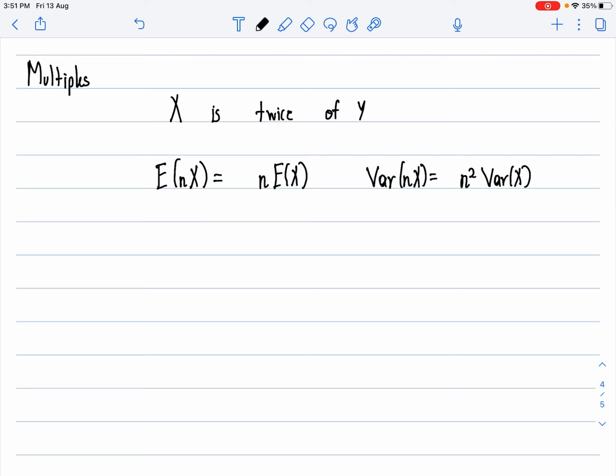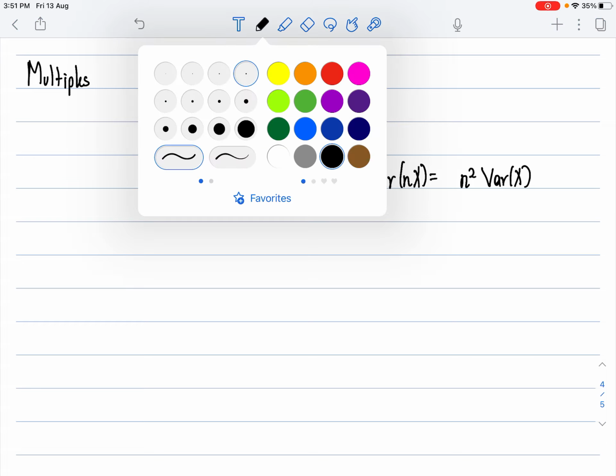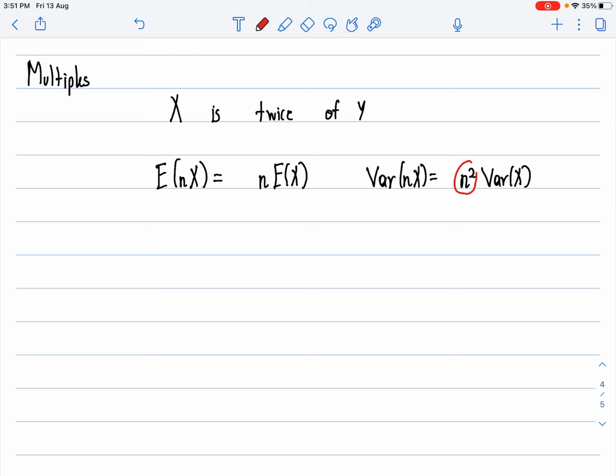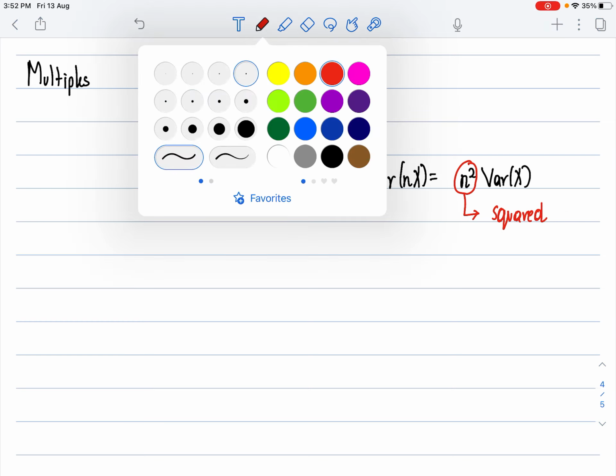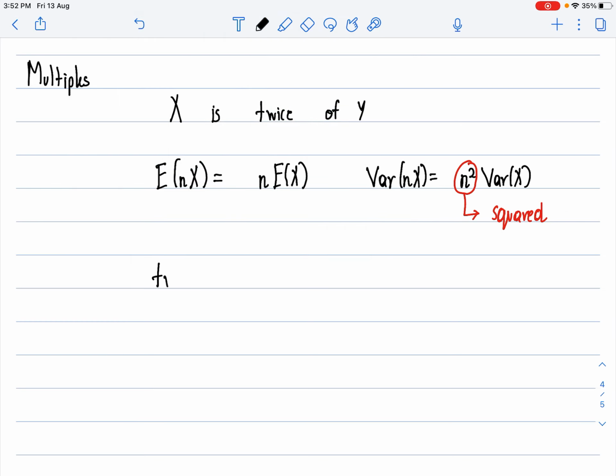In multiples, you need to note that the n here is squared. In multiples they'll use terms like twice, thrice, or times. These are basically weights attached.